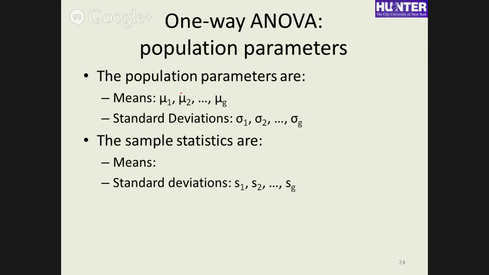So before we were working with either just 1 mu, 1 mean, or 2. Now we have any number of them, the number of groups G. We have a standard deviation, potentially different for each group. These are for the population.